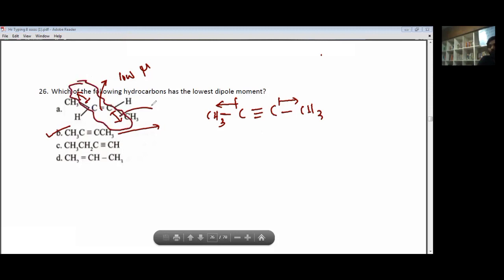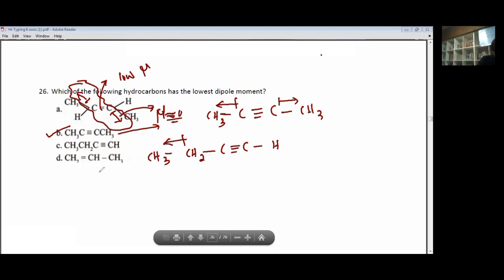In your NCERT it is given that the dipole moment of trans-butene is nearly zero, approximately zero. Here there is no net polarity because both are hydrogens, but here there is an alkyl, so there is a dipole moment towards this side.